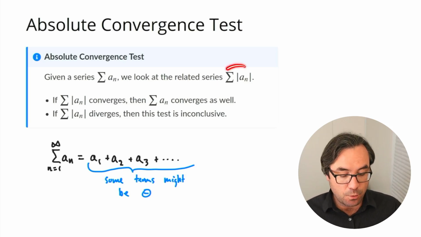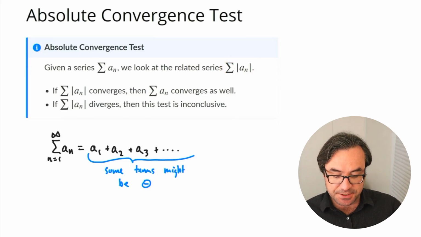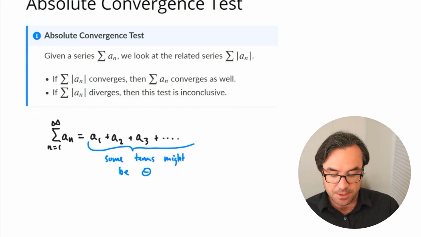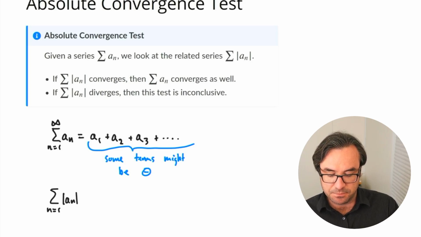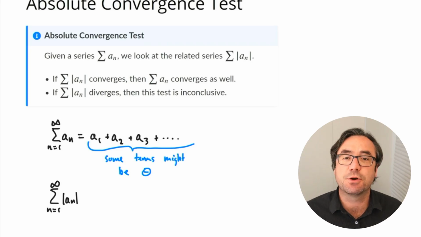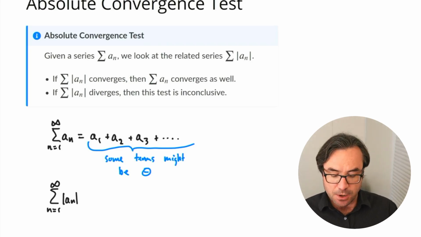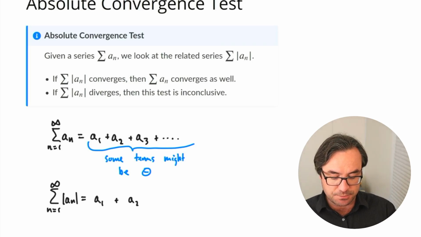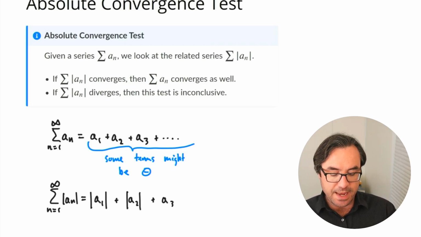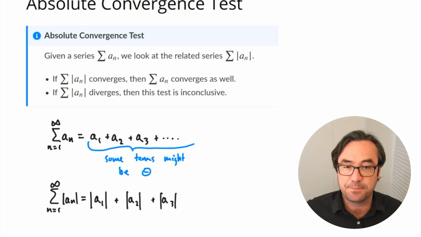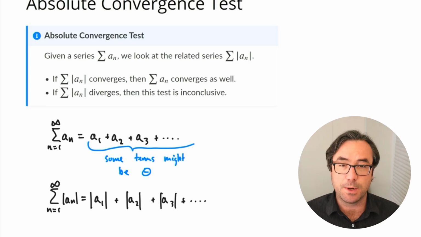Well, when we look at this related series, the series of absolute value terms, going from n equals 1 to infinity, we're still adding up these individual terms, but now we're taking the absolute value of each of them. And we keep going.